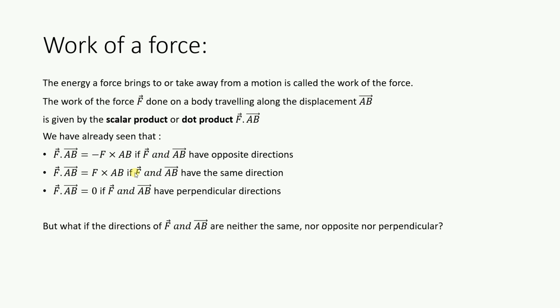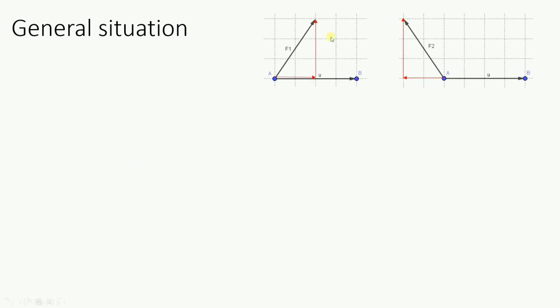What if now the directions of vector F and vector AB are not the same, not opposite, and not perpendicular? So, for example, we have those two situations, vector F1 and vector F2. We can use a square grid and resolve vector F1 as the sum of the horizontal red vector here and the vertical red vector here. Likewise for vector F2. As we said before, the vertical vectors can be dismissed completely.